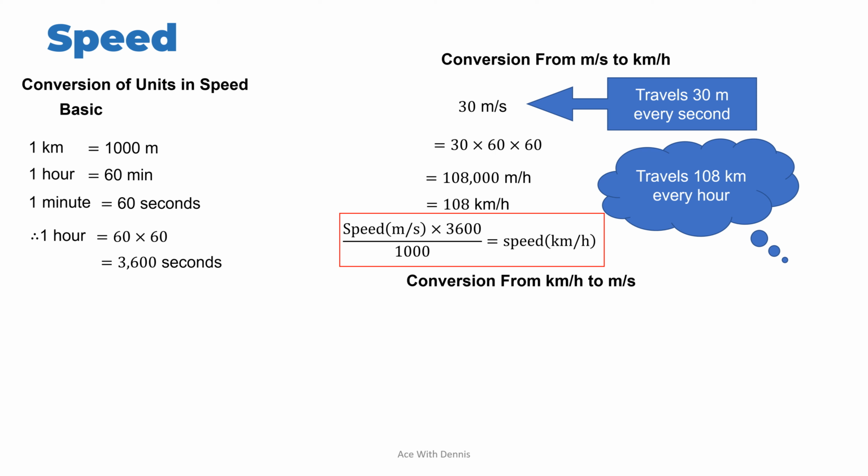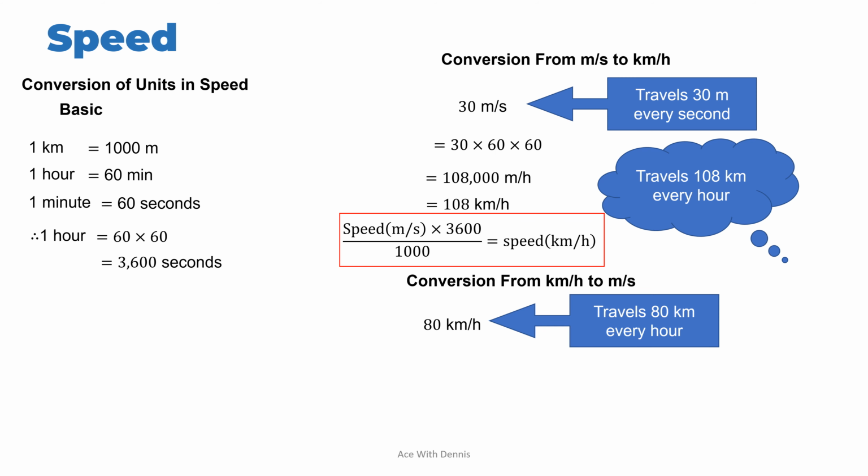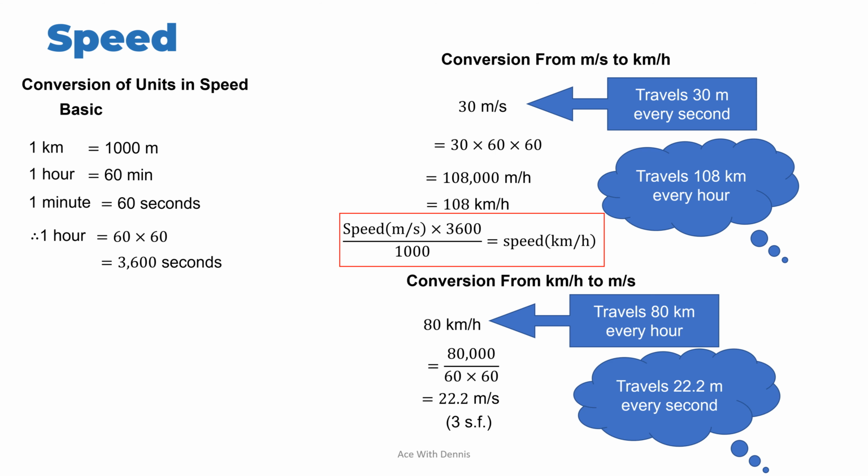Conversion from kilometers per hour to meters per second, for example, 80 kilometers per hour. This speed tells us that the motion travels 80 kilometers every hour. To convert to meters per second, we change 80 kilometers to 80,000 meters, then divide by 60 times 60, which is 22.2 meters per second, to the nearest three significant figures.